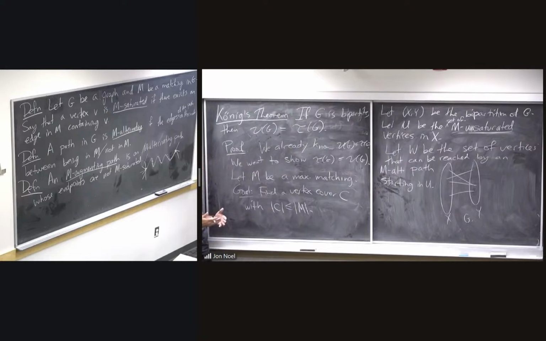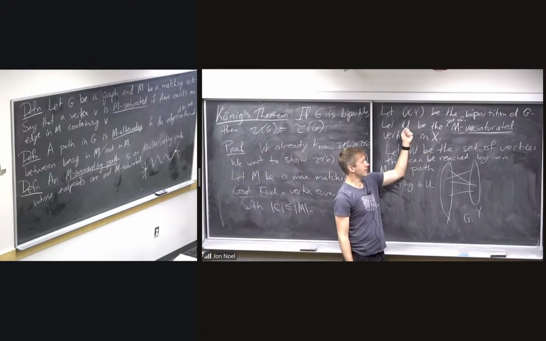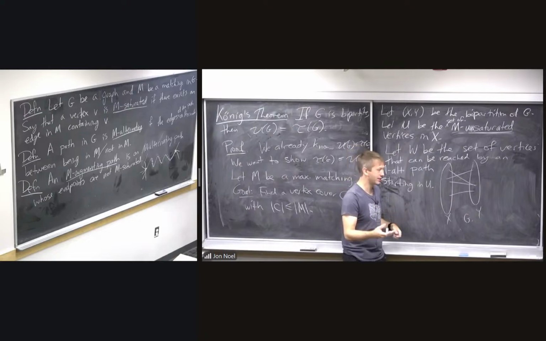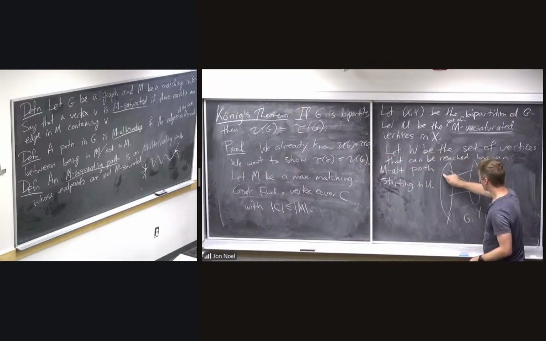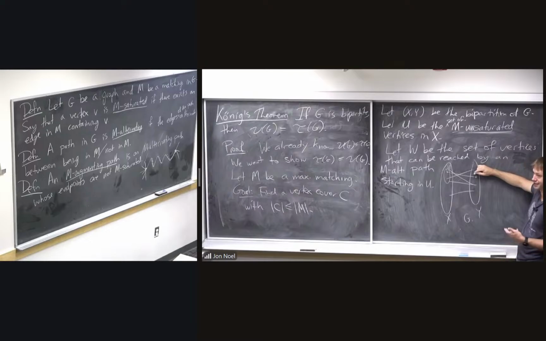So this is trying to build an augmenting path, which I know can't exist, but if it does exist, I get some kind of contradiction, right? Because remember, an alternating path has to start at an unsaturated vertex, and I'm basically trying to also end at an unsaturated vertex. If you start at some vertex in U, this vertex is not saturated. So if I take an alternating path, the first edge is always not in the matching because it has no matching edges touching it.